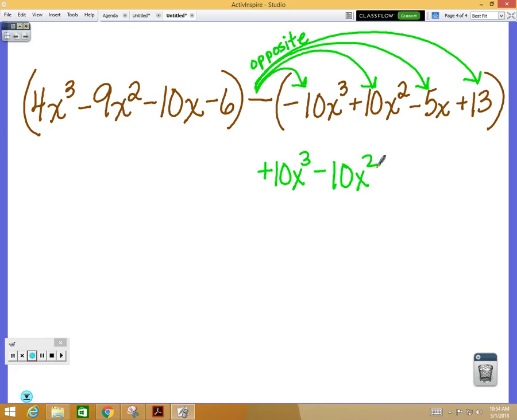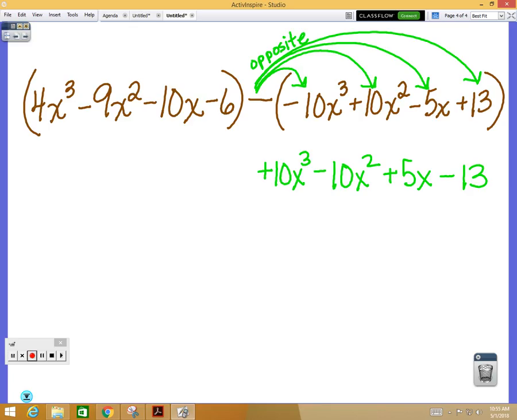A negative 5x is going to turn into a positive 5x. And a positive 13 is going to turn into a negative 13. So again, each one of those four terms inside that second set of parentheses, I just took the opposite of. I just changed the positive to a negative or a negative to a positive. That's all I did.